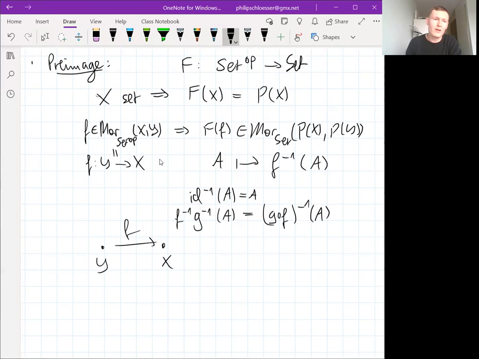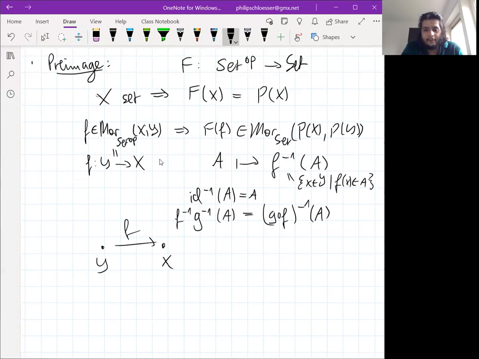So we just say every element in Y that lands in our subset of X when we map it with f. So x in Y such that f of x lies in A. Just the pre-image of sets.